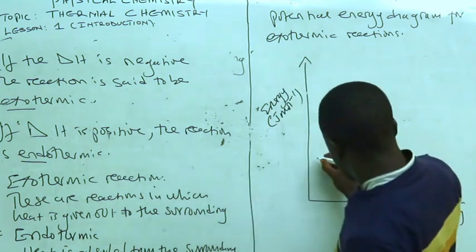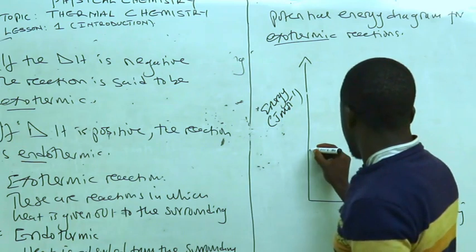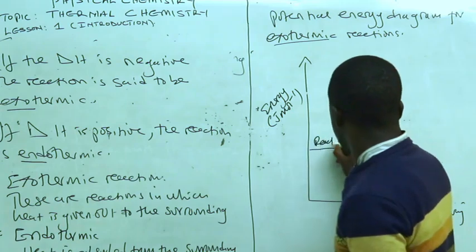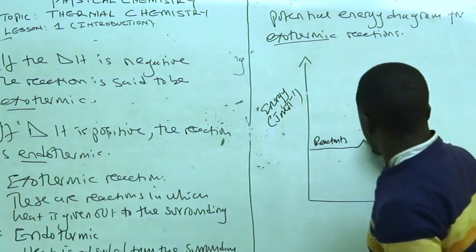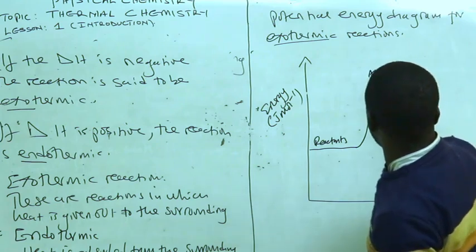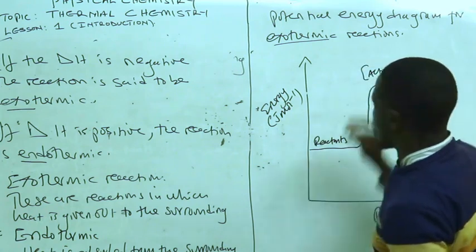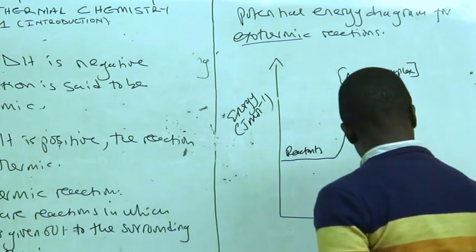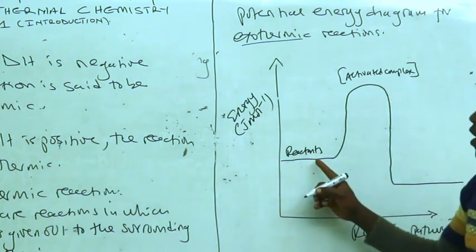If we began with the reactants, if this reaction is exothermic, these are our reactants, and this is the energy axis, the reaction pathway, and there is formation of what we call an activated complex, or sometimes a transition state, and the products formed are at a lower energy level than the reactants.